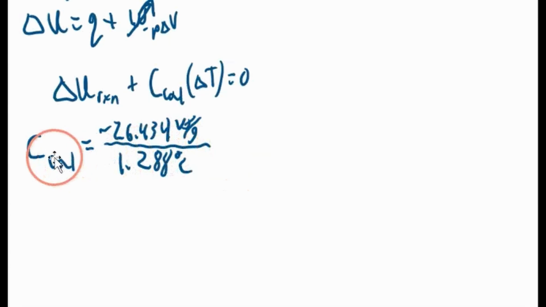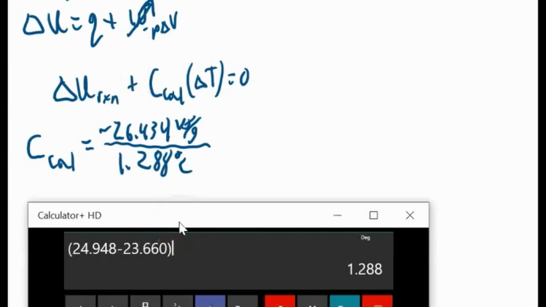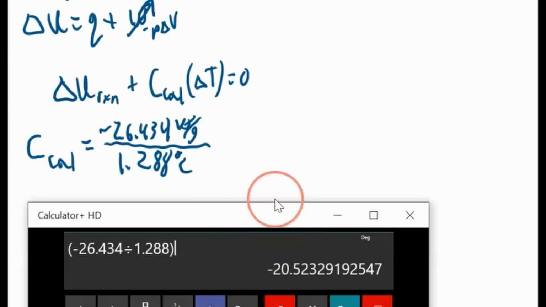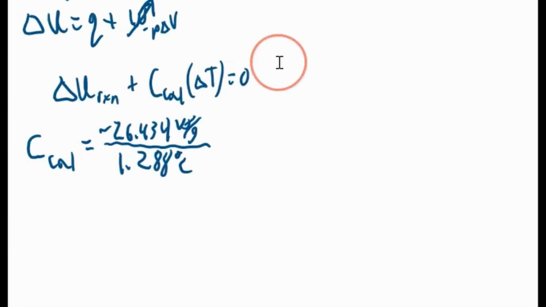Now, before I calculate this, let's calculate it actually. You know what? Let's do it. Let's not do too many steps at once. Okay, so negative 26.434 divided by 1.288 is negative 20.523.